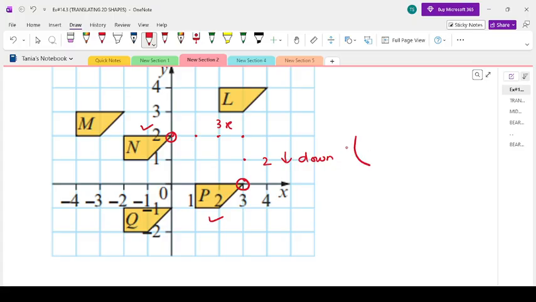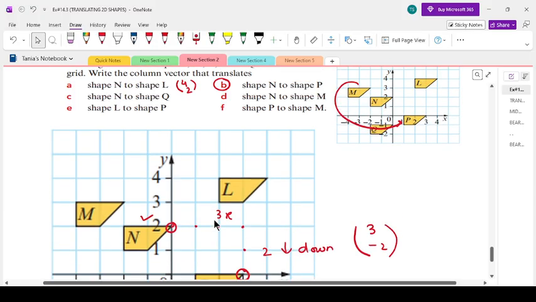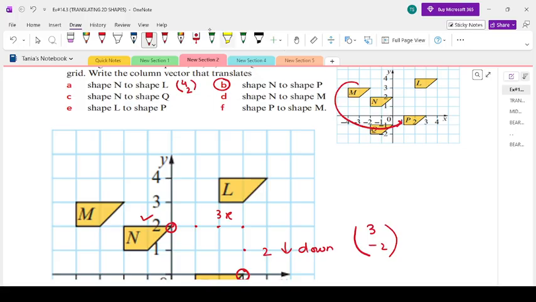So the column vector must be positive 3 and negative 2. So we can write in the option (3, -2). It will be (3, -2) for B part.